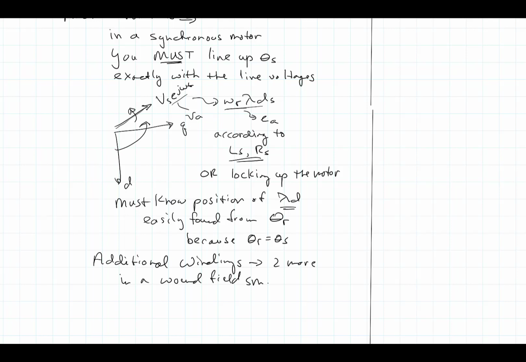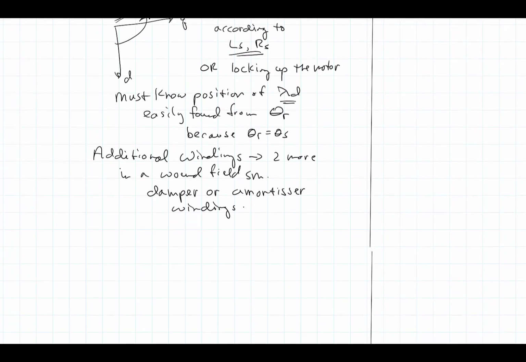These are typically referred to as damper, or I think the word is amortisseur, windings. I'm going to show this as if we had a salient pole, two-pole wound field. We've got all the turns. This is your field current here.